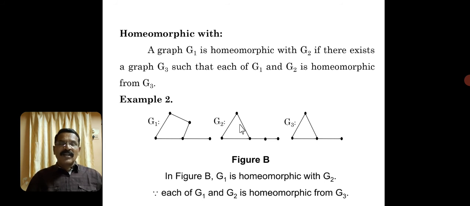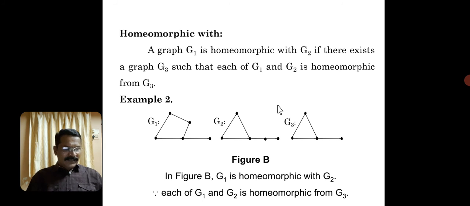So two graphs are homeomorphic with each other if they are homeomorphic from the graph G3. This is how, in example 2 in figure B, G1 and G2 are homeomorphic from G3, so G1 and G2 are homeomorphic with each other.